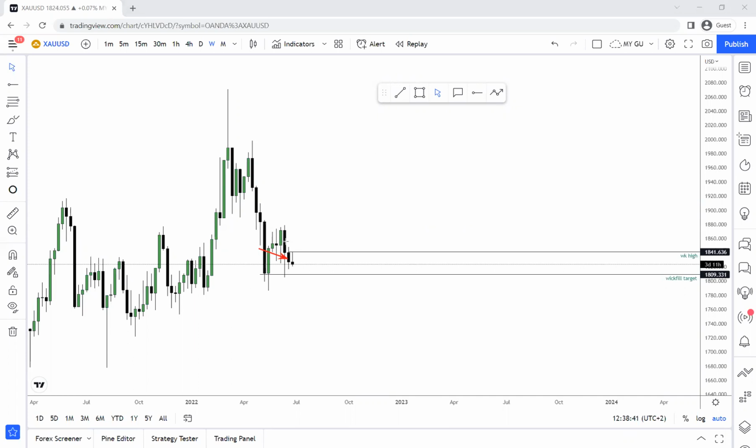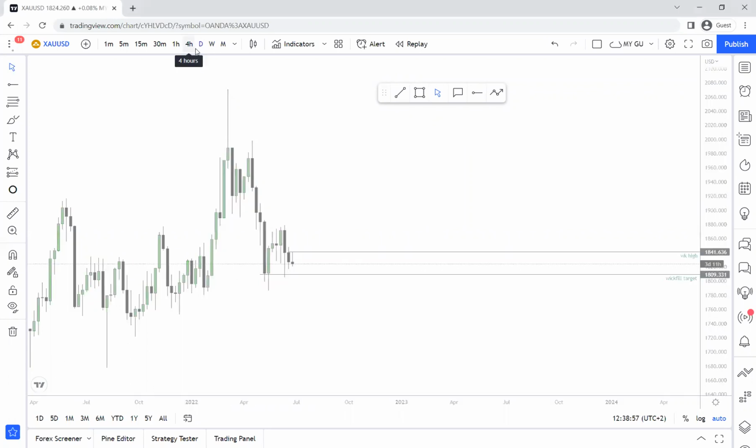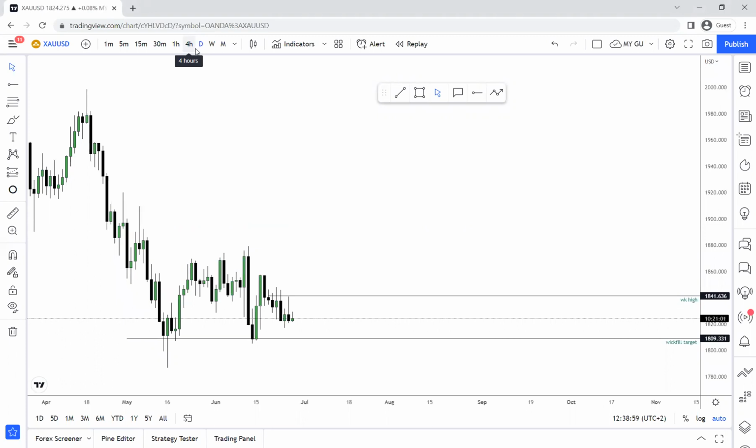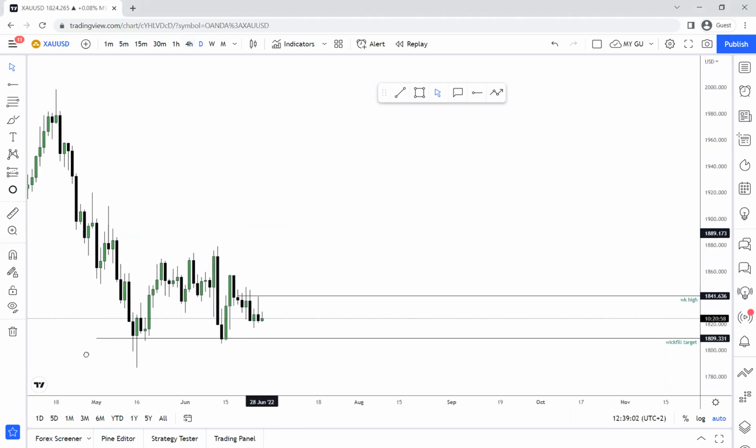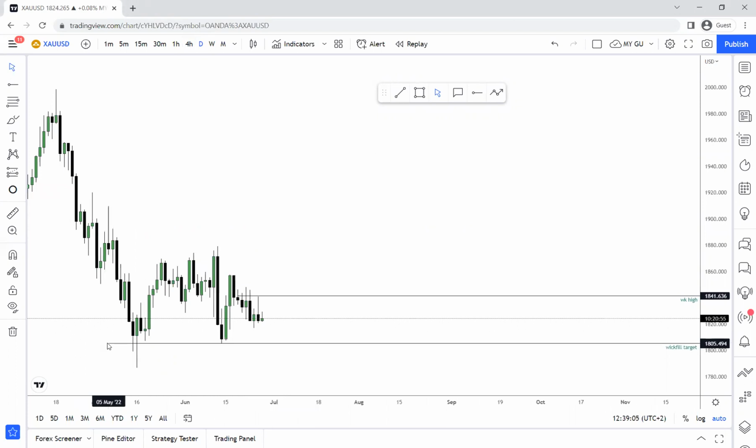So we're going to put that high so that we know if price goes back to that area, price is flipping bullish because it would have clearly rejected the low and would be trying to push higher. And that's also our breakout area.